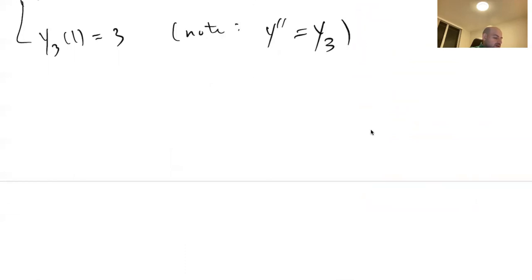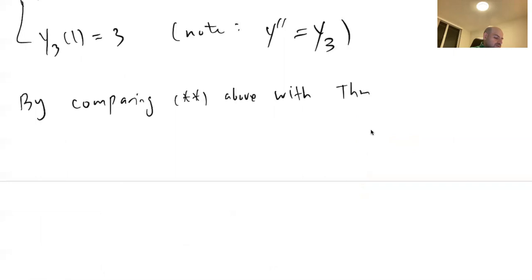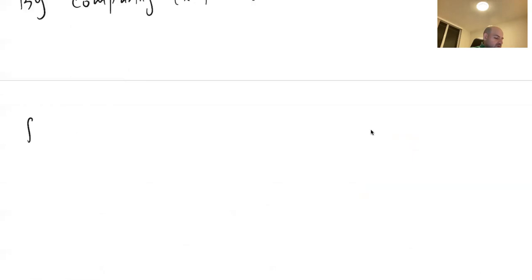By comparing 2 star above with the theorem above, we can say that f1 of x and y1 and y2 and y3 is equal to y2.